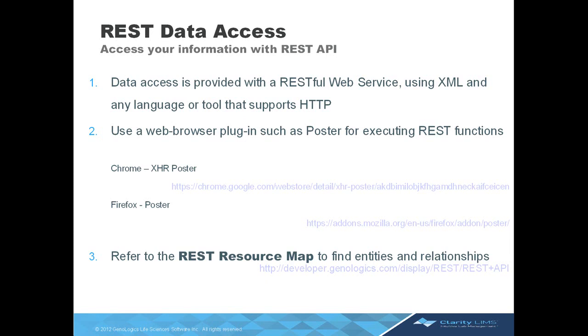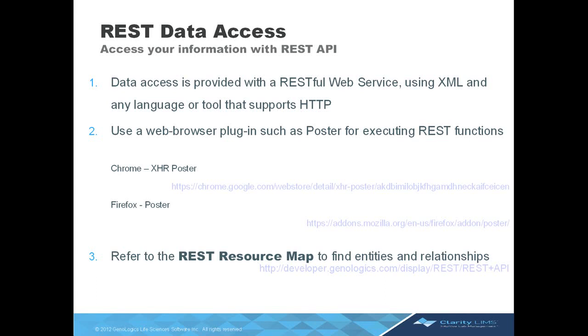And similarly, if you're using Firefox, then we've had a lot of customers tell us that they like the Poster plugin, so that's one that we recommend. So it's definitely worth installing the browser plugins, at least when you're starting off and exploring.